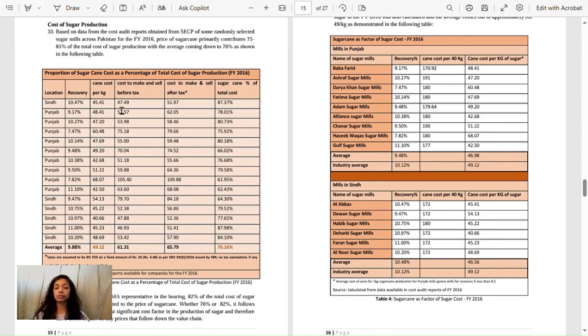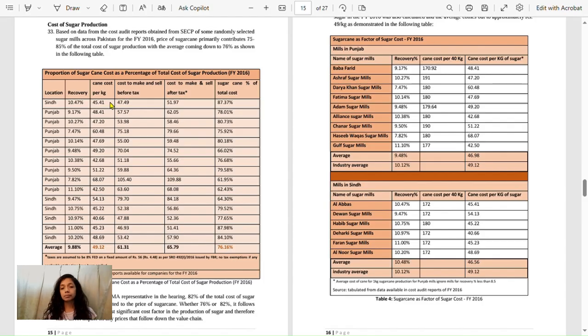Now this is very tricky to understand. I did not get it at first. This cane cost per kg means the total cost of cane that was required to produce 1 kg of sugar. That is the total cost of cane.